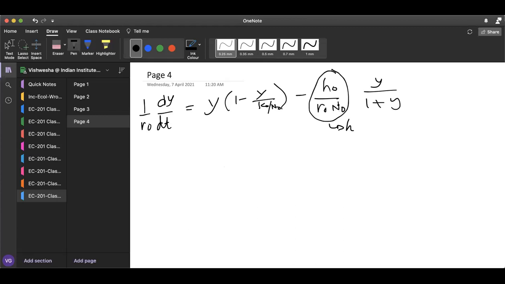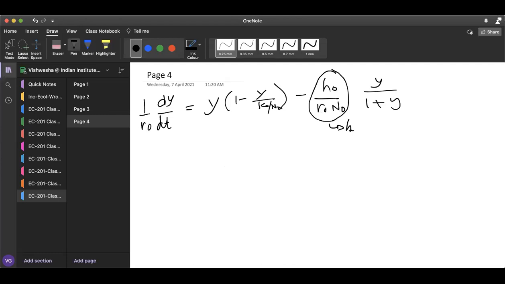What I told you is that R0 and H0 don't exactly have the same units. In fact, R0 times N0 has the same unit as H0. So now we have a new parameter H. In some sense, we're measuring the harvesting rate in terms of the intrinsic birth rate of the population.